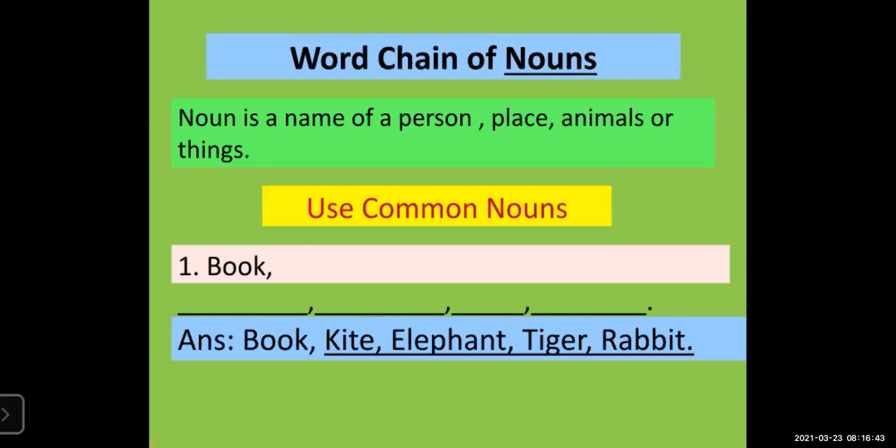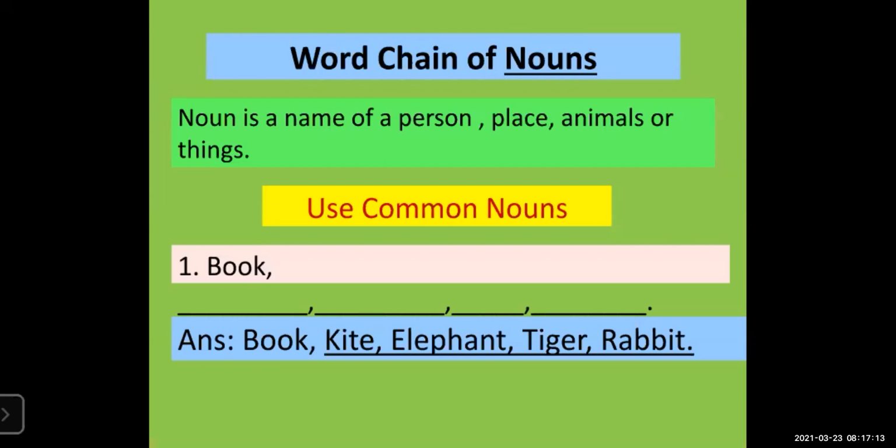Here, some students, if it is written word chain of nouns, write randomly. They write names, for example Suresh, Sachin. They follow only one rule: they see the last letter of the first word and begin the second word with it. They write names of their friends, names of their family members, etc. But it is wrong.